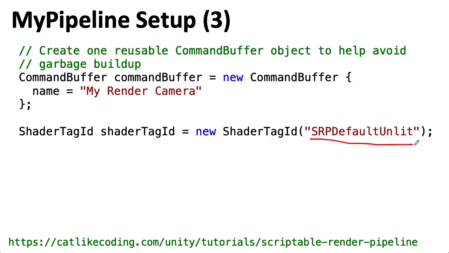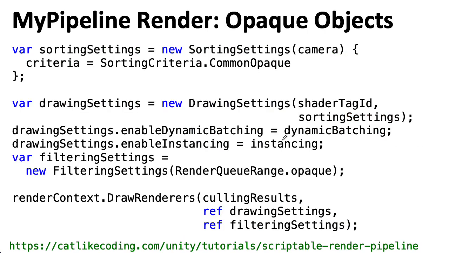Remember, it's this default SRP default unlit light mode, which is what gets run when you don't actually specify a light mode in your shader code. Our C# script knows whether we want to use dynamic batching and/or instancing, but our renderer doesn't actually know that. So we need to tell it by setting the appropriate instance variables here in these drawing settings.